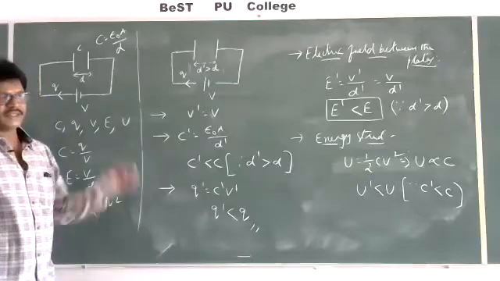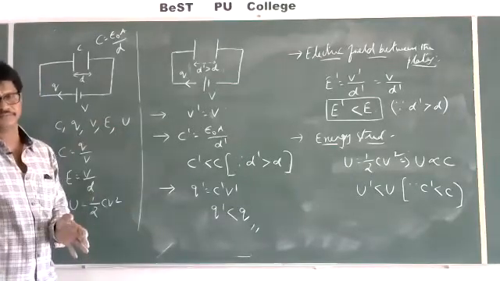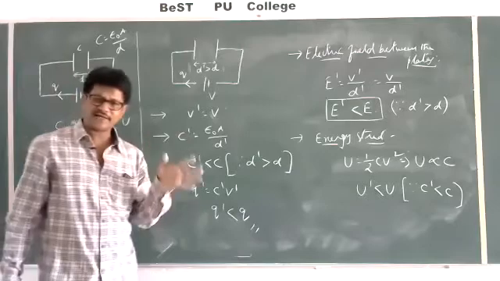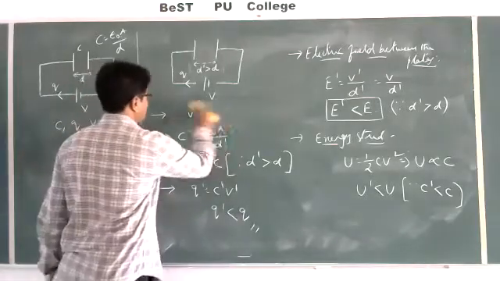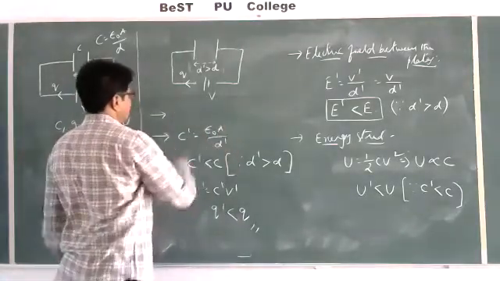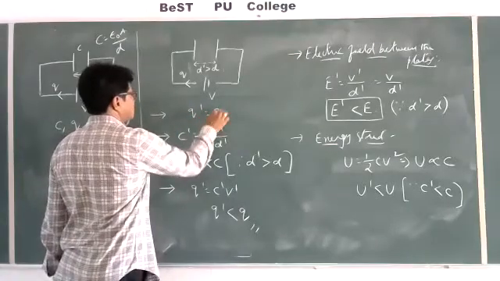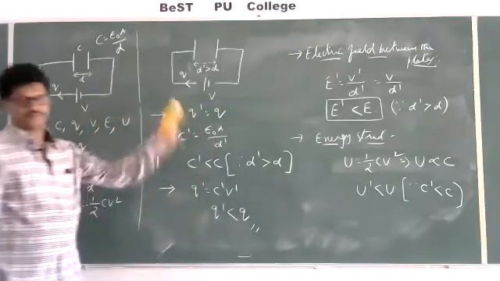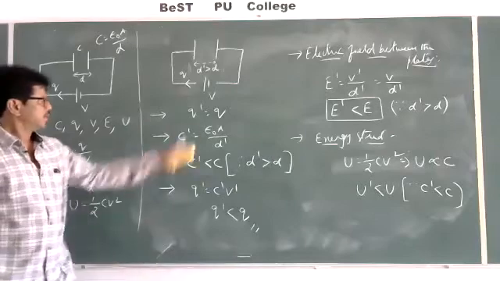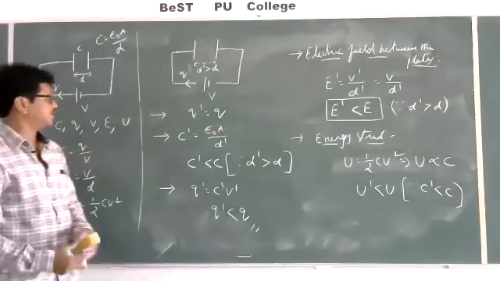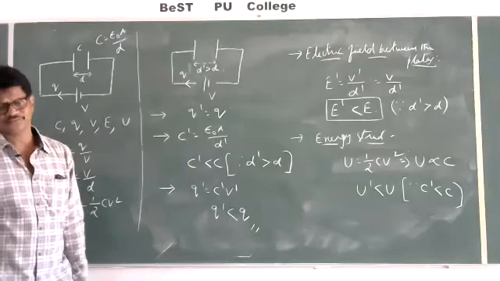Once the battery is disconnected, which parameter remains constant? The charge remains constant. Q dash is equal to Q. First one. The charge remains constant.